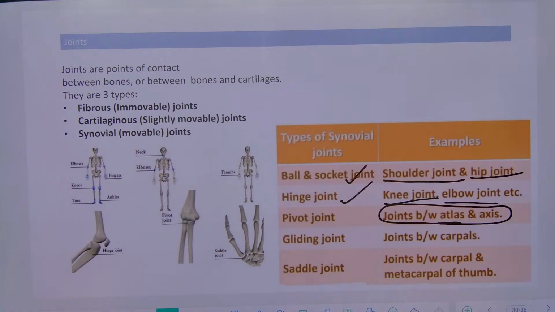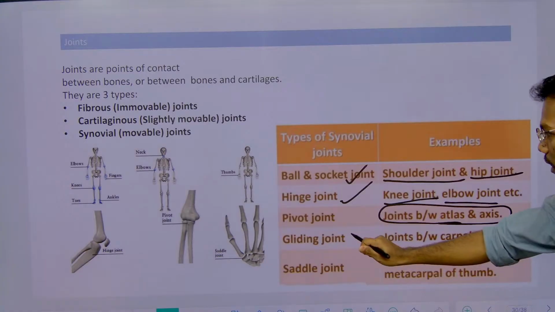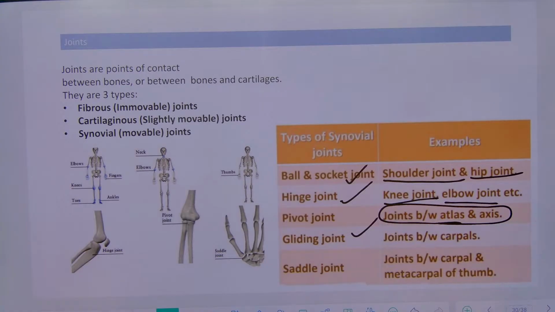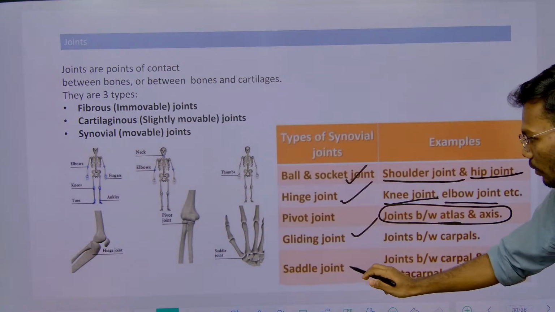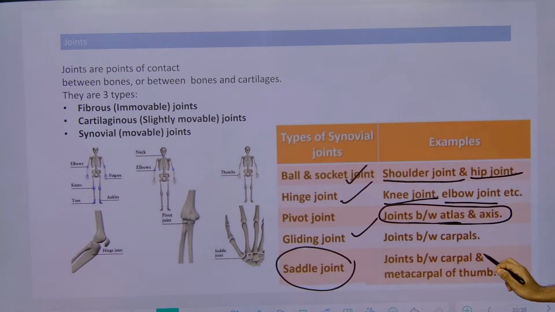After carpals we have metacarpals and phalanges. And here we have the saddle joint between carpals and metacarpals of the thumb. So starting here we have ball and socket joint, hinge joint, gliding joint, and one joint called the pivot joint, present in atlas and axis. That's how you need to remember.